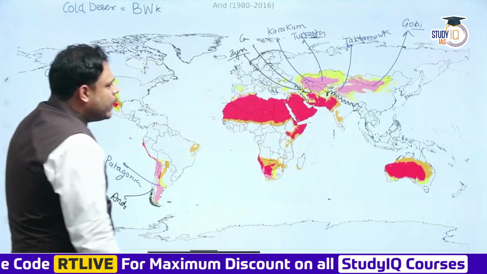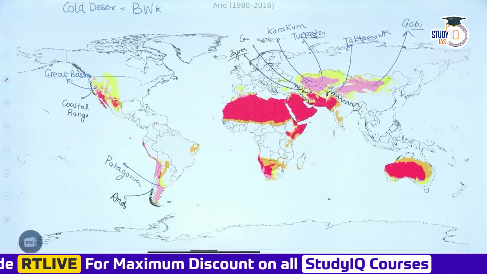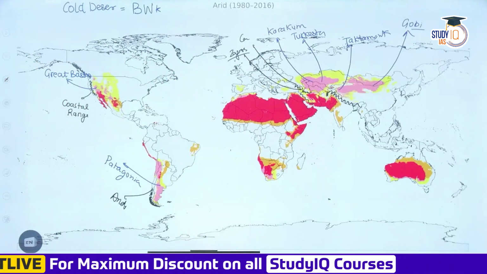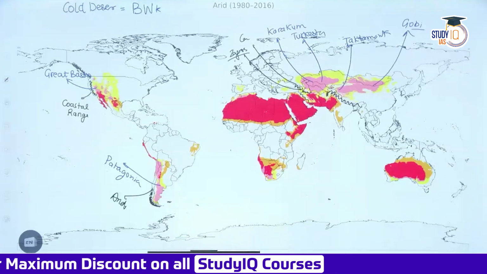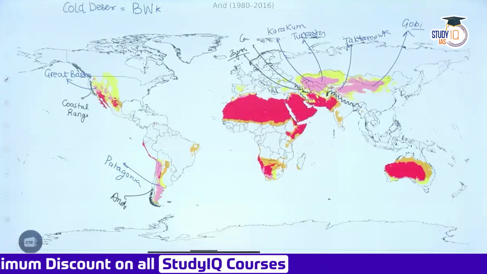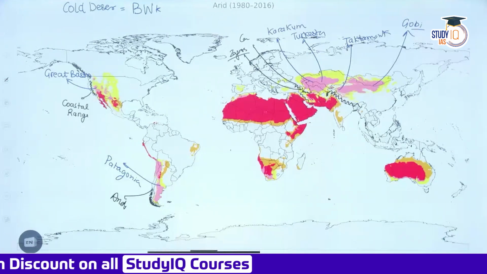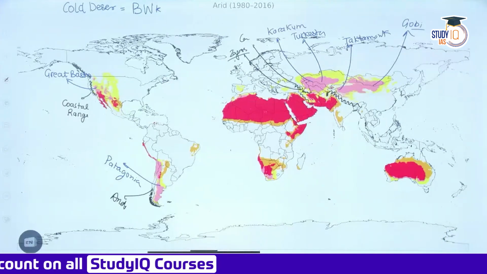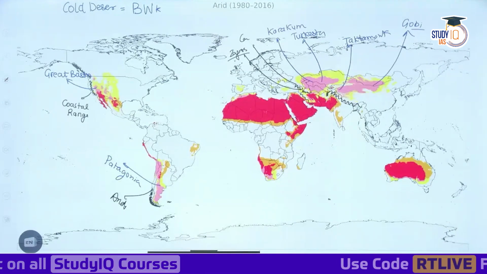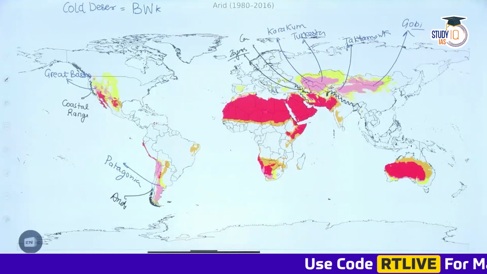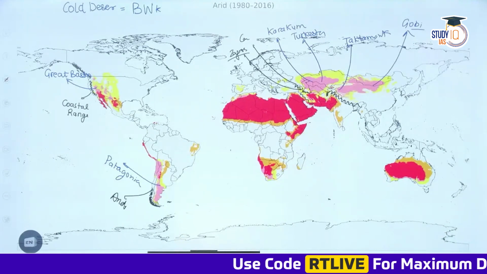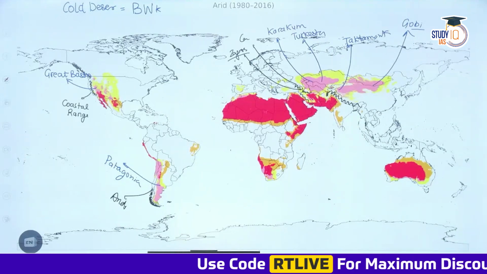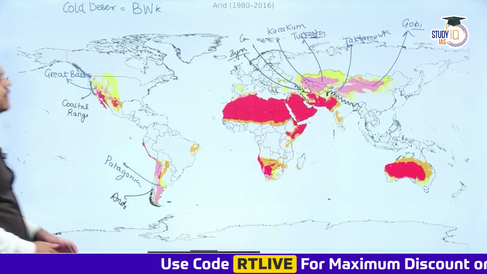Fine. Now, which of the lakes in Central Asia has turned into a desert? UPSC prelims question. Guys, it is none other than Aral Desert.